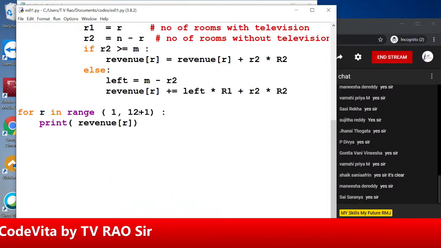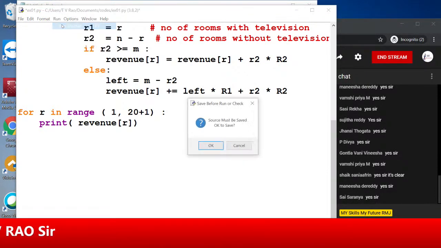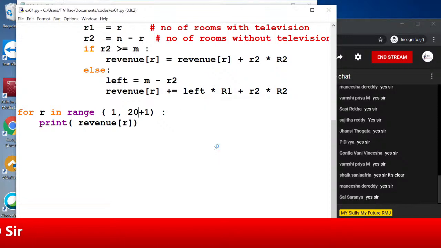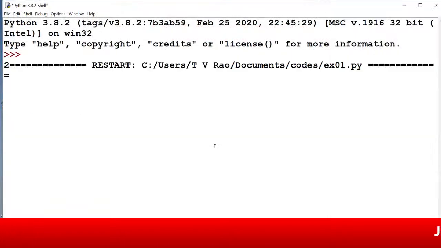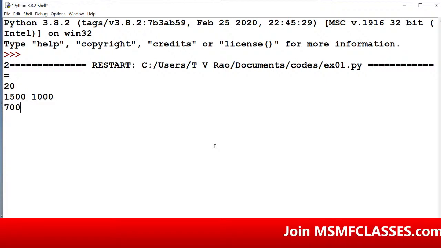So I put only 12. I should put 20 here. There are 20 rooms, and then 1500, 1000, and the budget 70 lakhs. Okay.